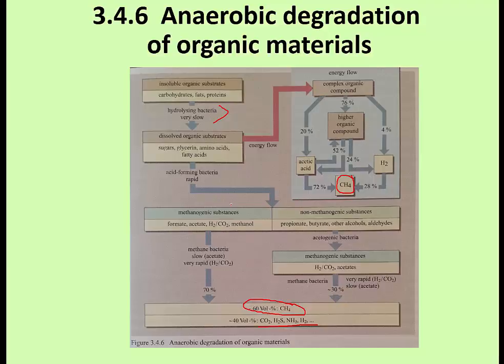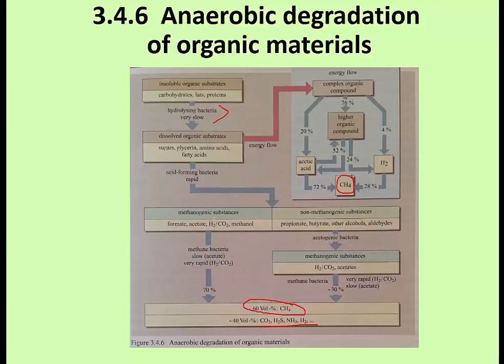And so the acid-forming bacteria will break it down into methanogenic substances, very simple short-chain acids and formate, acetate, methanol, small molecules, and then non-methanogenic substances, which are slightly larger molecules like propionate, butyrate, aldehydes, other alcohols.